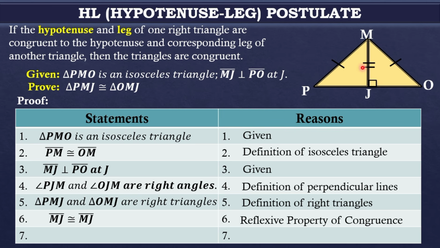So, let us put a mark. And then next, we can now prove that triangle PMJ is congruent to triangle OMJ. Look at your figure: we have a hypotenuse, we have a leg, so this is the leg. These two triangles are congruent by HL congruence postulate.